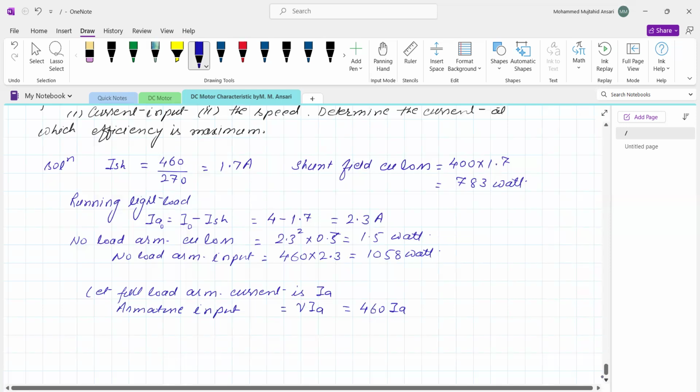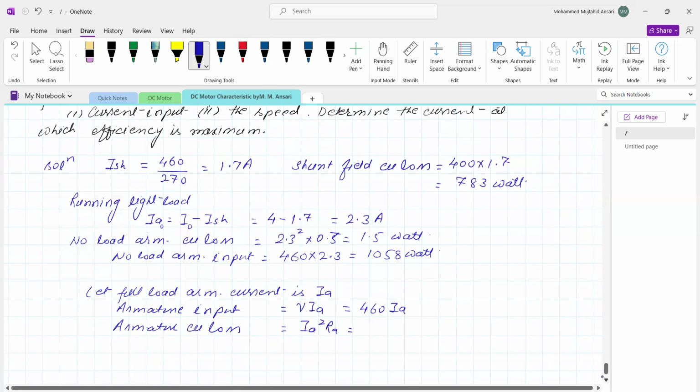Similarly, the armature Cu loss is written as Ia squared Ra.